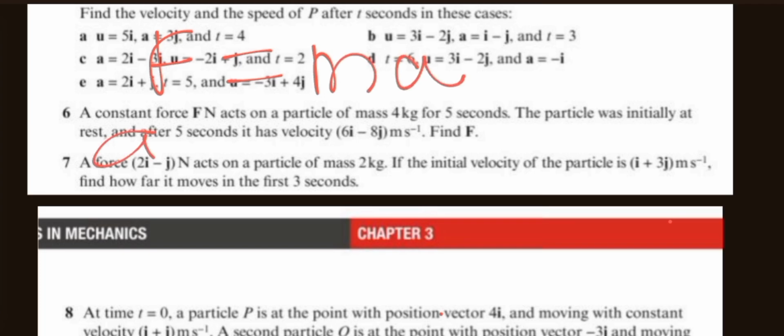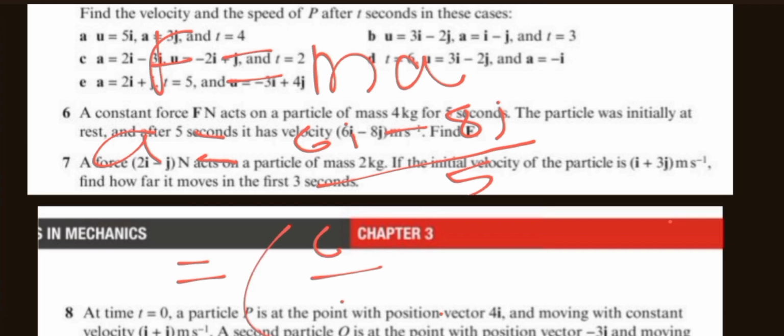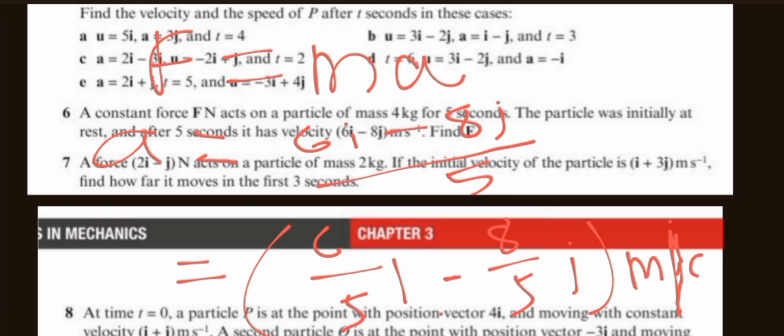So a is 6 by 5 i minus 8 by 5 j meter per second square.